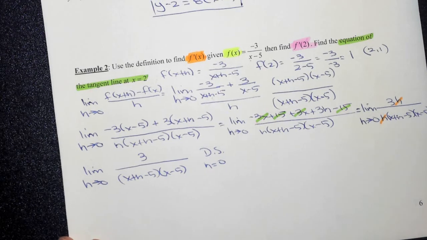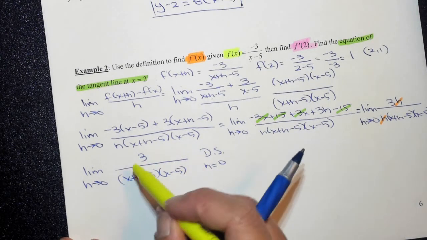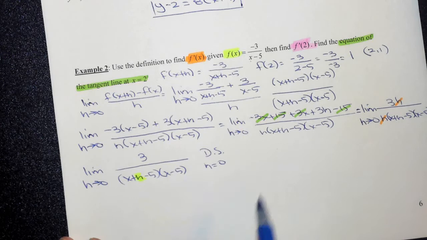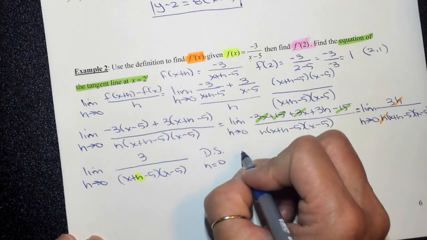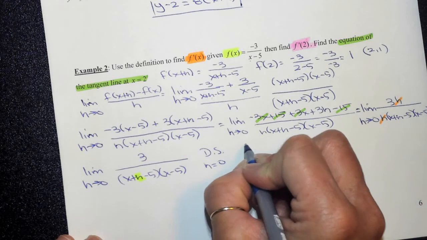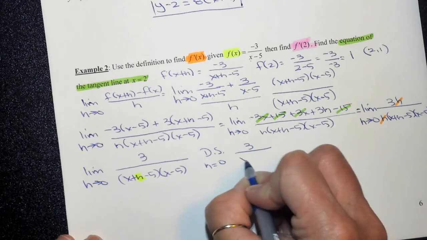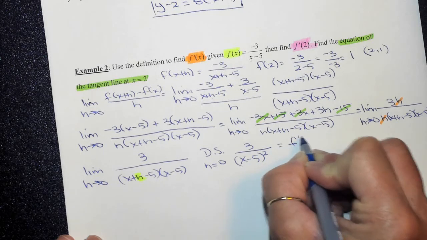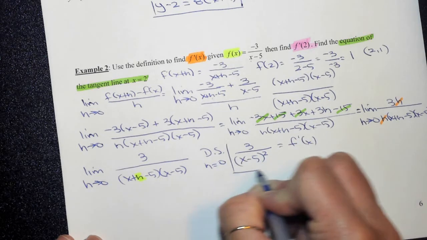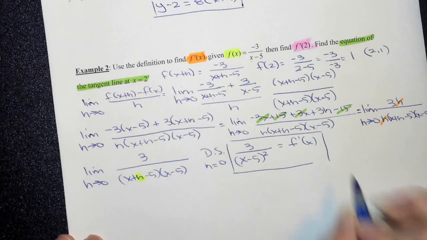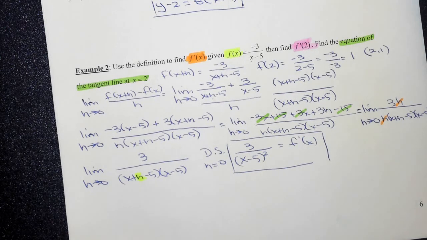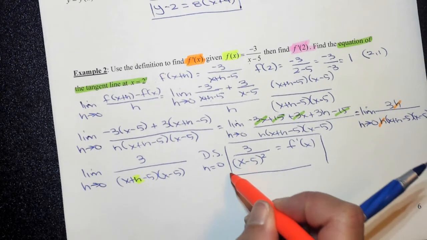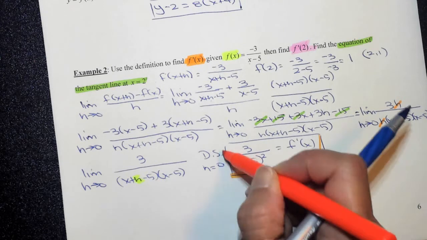So what that means is I'm going to put 0 in right here. And when I do that, that h goes away, and I'm left with 3 over x minus 5 times x minus 5, or x minus 5 squared, which is f prime of x, which means I found the derivative. So that's what that is. This is our derivative. And what we want to use this for is to find the slope.